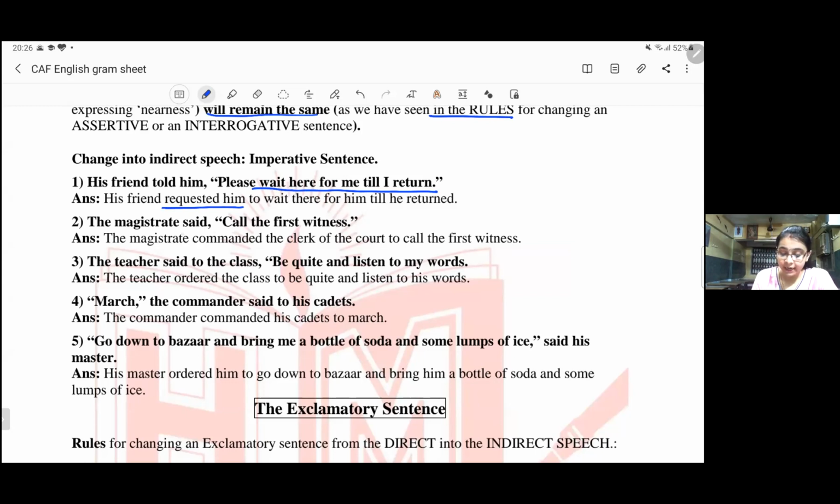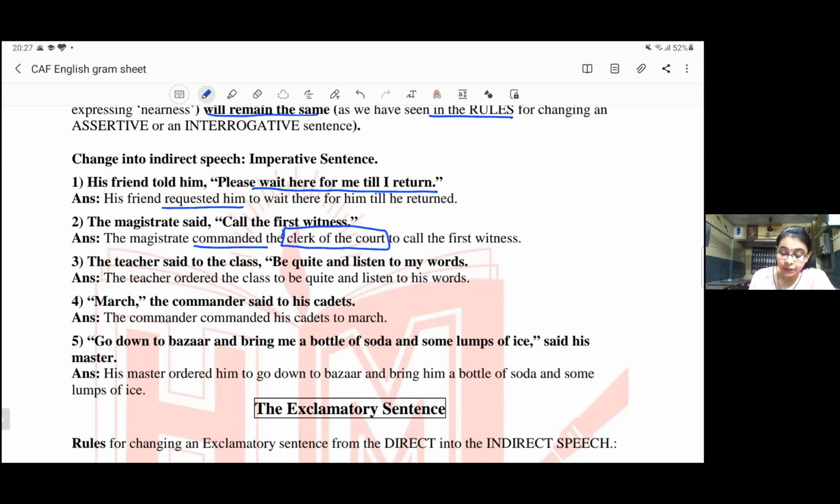The magistrate said, "Call the first witness." Magistrate, the judge. So he can command. What he is saying, the person in front has to do. So you can write, the magistrate commanded the clerk of the court to call the first witness. Now, this is the extra word added to the sentence.